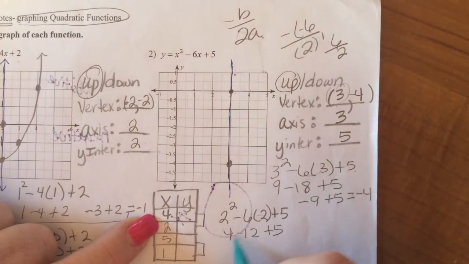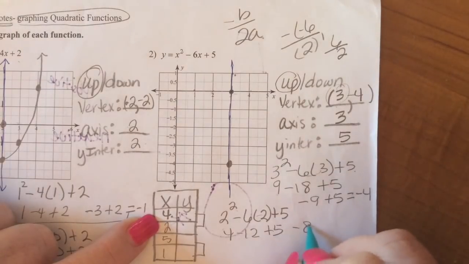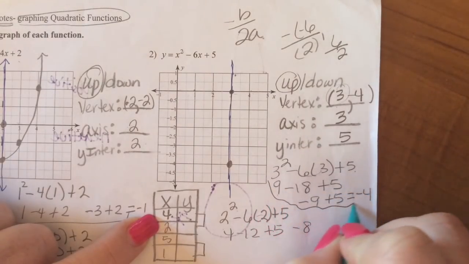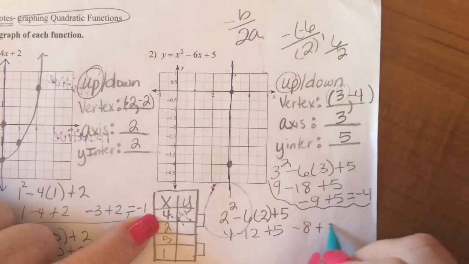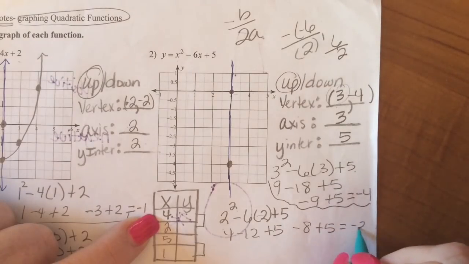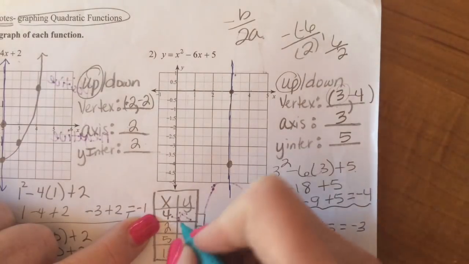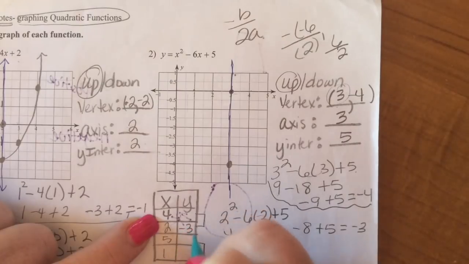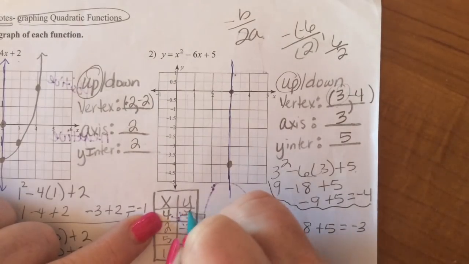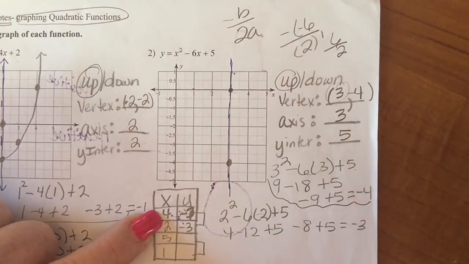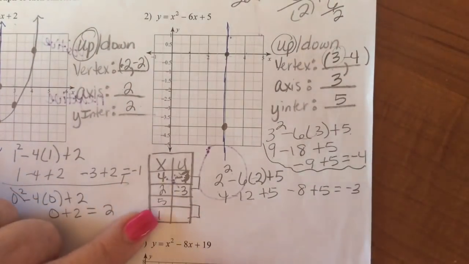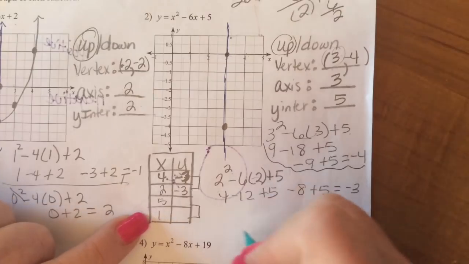So let's see, 4 minus 12 is a negative 8 plus a 5. So that one was a negative 3 when I used the 2. And since I said the 4 matches, that'll be a negative 3 also. Tried to make that a little dark because that purple's coming through.